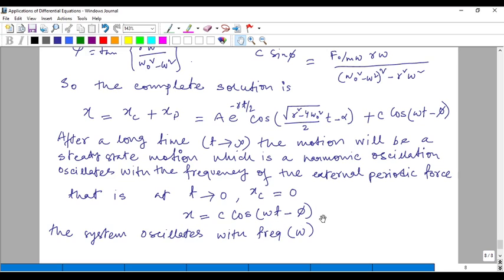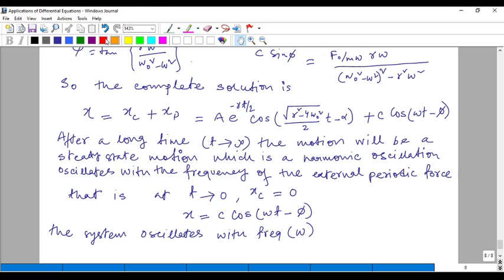This is said to be a steady state motion, and the system oscillates with the frequency of the periodic force, but with a phase difference phi.